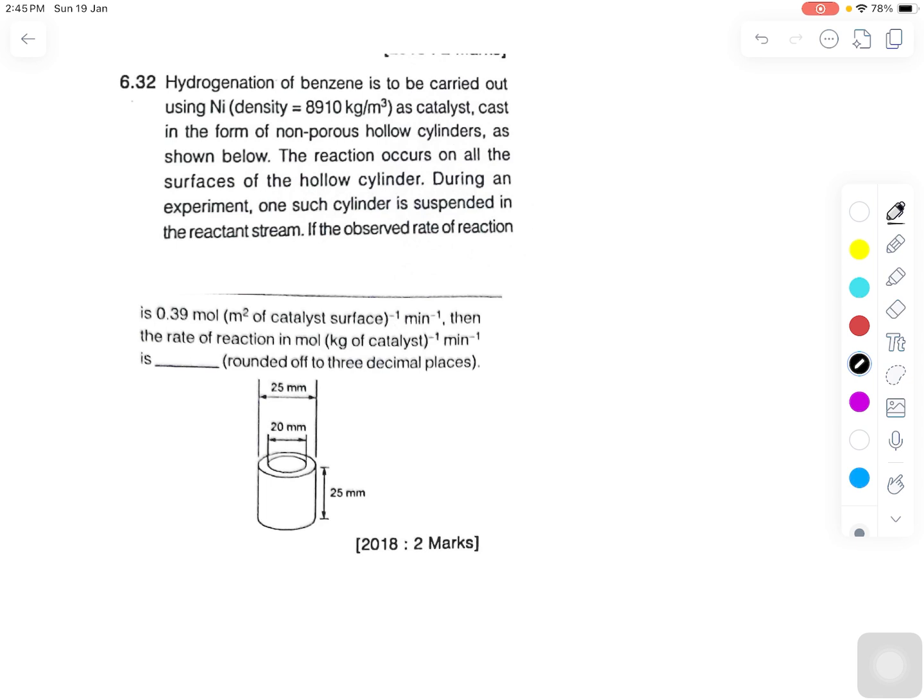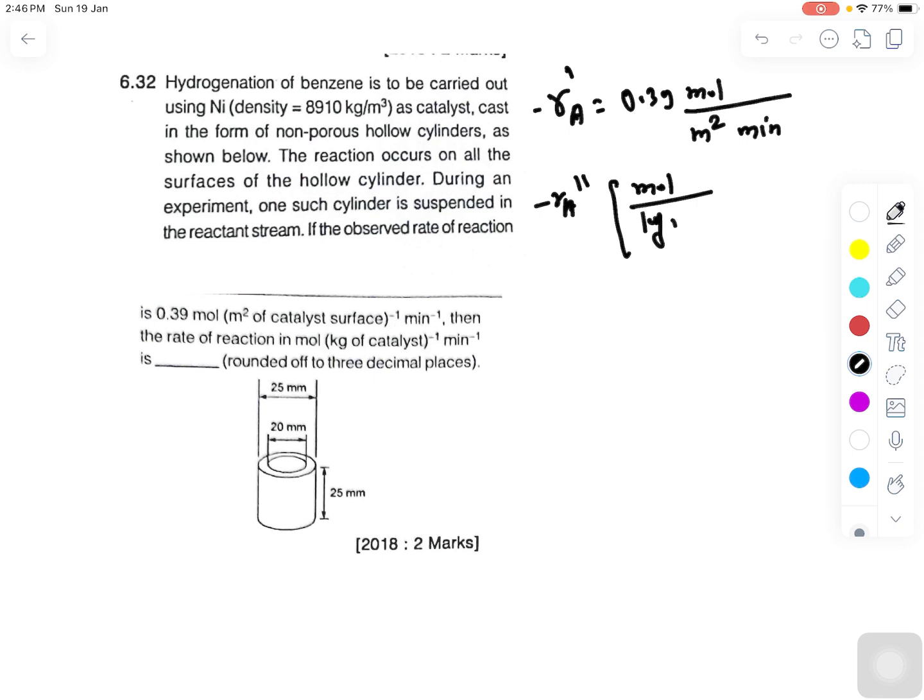If the observed rate of reaction, minus RA dash, is given as 0.39 mole per meter square of the catalyst per minute, you are supposed to calculate minus RA double dash in mole per kg of catalyst per minute.